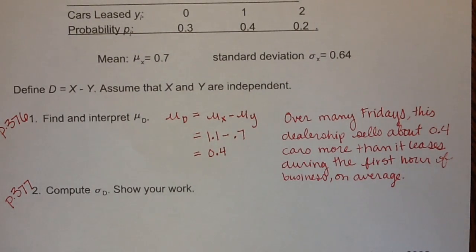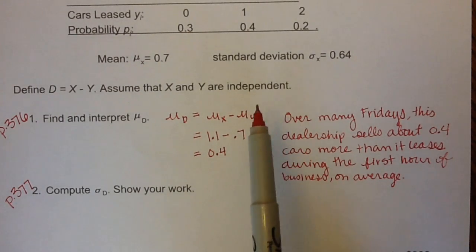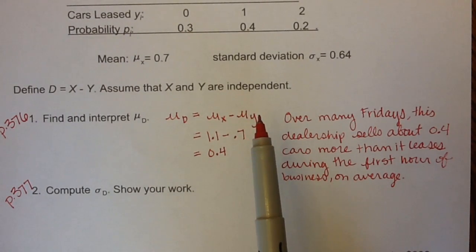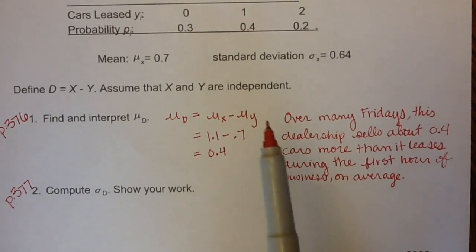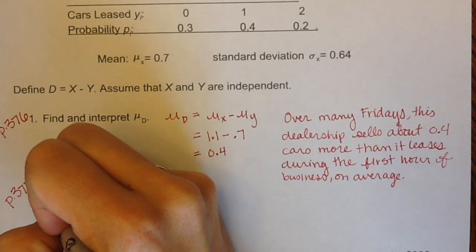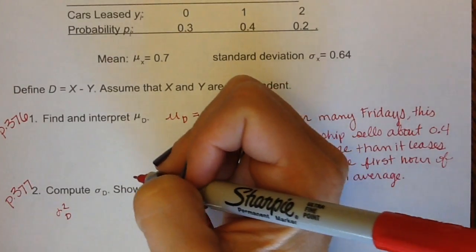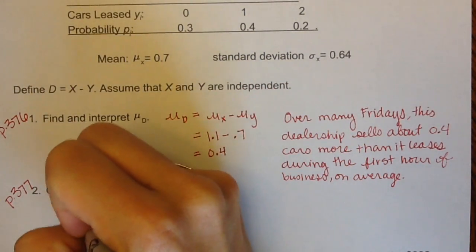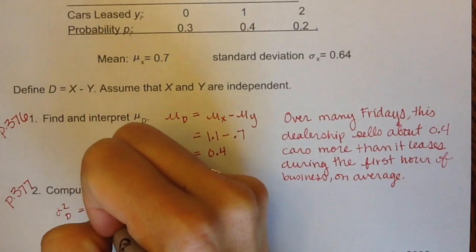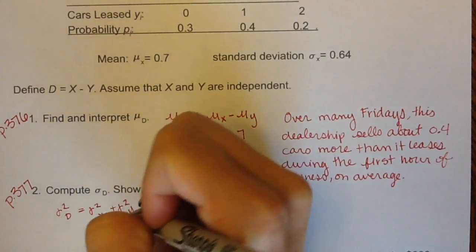For any two independent, and that's why it was important for them to have told us it was independent here, two independent random variables, X and Y, if D is equal to X minus Y, then the variance of D, sigma squared of D, which remember means variance, is equal to sigma squared of X plus sigma squared of Y.